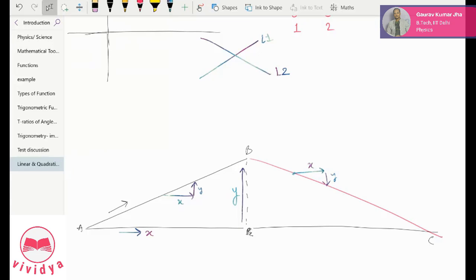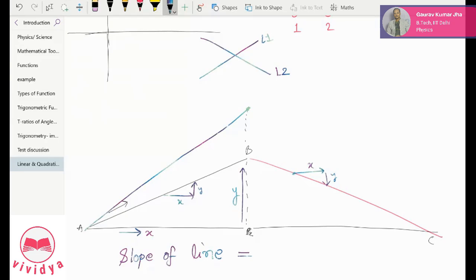So let us define the slope of a line. This same thing is expressed in some other form. Suppose there is another way to reach B. Just try to visualize that there is another way to reach B, but this time this is the path.